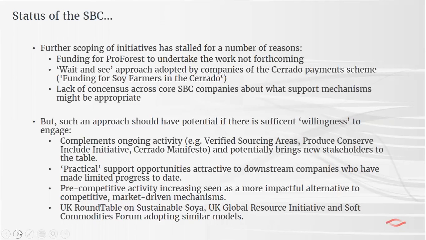And we see similar approaches and activities emerging in the UK, across Europe, and even across trading actors, which are in some instances adopting similar analyses and similar models of engagement. And we're continuing, it's worth noting, conversations with the Consumer Goods Forum and ProForest about how we take this work forward as well. So the Soy Buyers Coalition is still active, even though we're in a bit of a pause phase at the moment. Next slide.